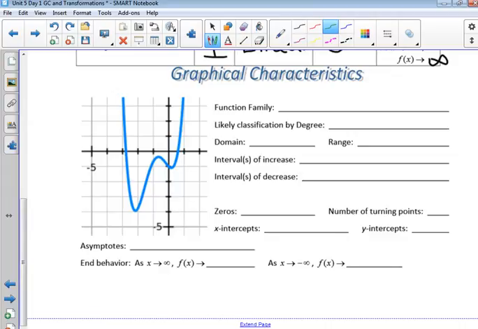All right, so function family. The first thing I look at is the end behavior here, and I say, oh, this has got to be even, right? The next thing I say to myself is, how many turning points do I have here? So I start going 1, 2, 3.